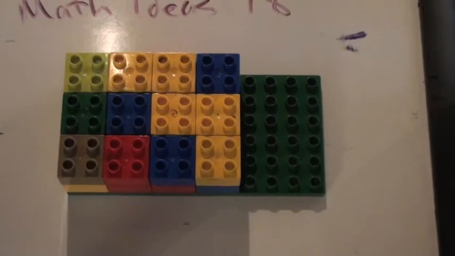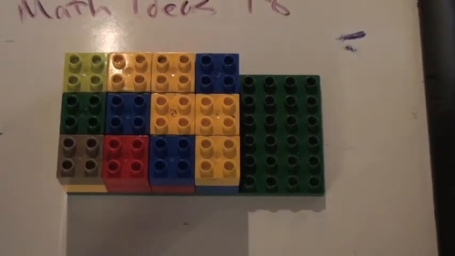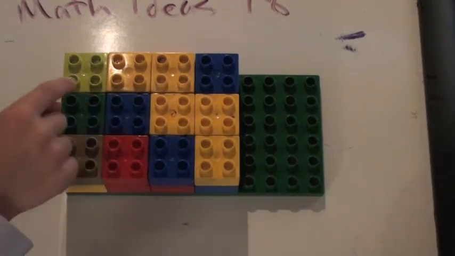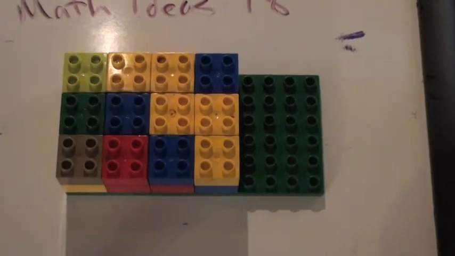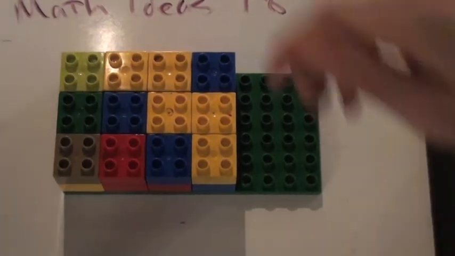So how many duplo blocks do you think I have now? Let's see. 4, 8, 12. Let's see. 1, 2, 3, 4, 5, 6, 7, 8, 9, 10, 11, 12, 13, 14, 15, 16, 17, 18, 19, 20, 21, 22, 23, 24. 24, very good. You counted them all exactly right.